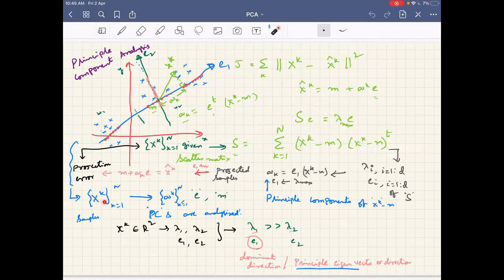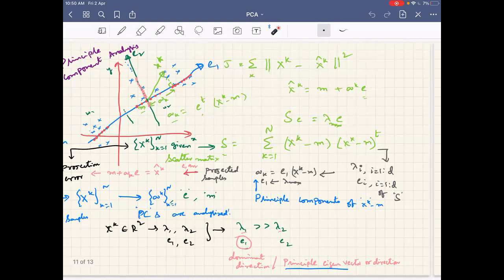Hence, the given samples have an alternative representation in terms of a_k, and the reconstruction of these projected lengths can be done effectively using e and m through the expression given here.